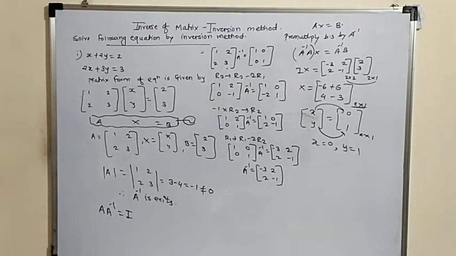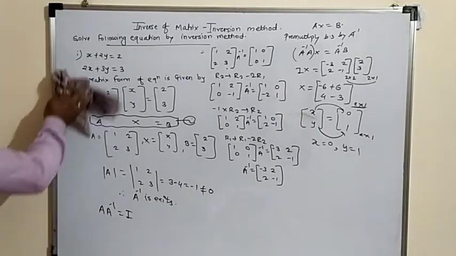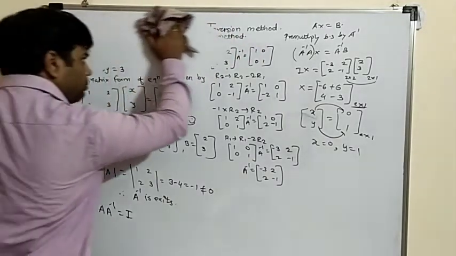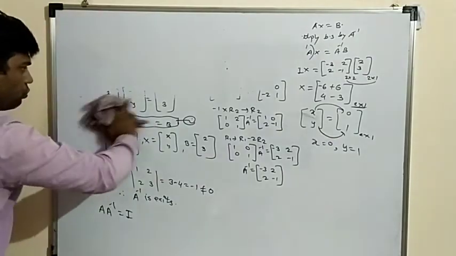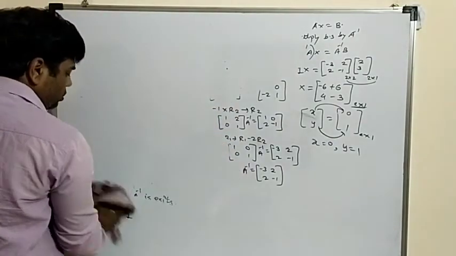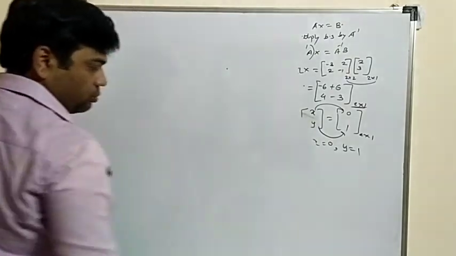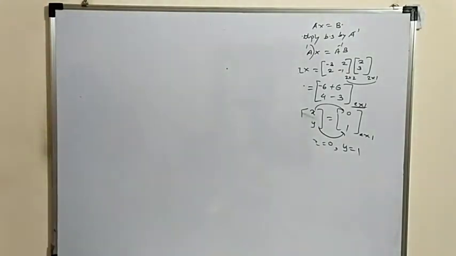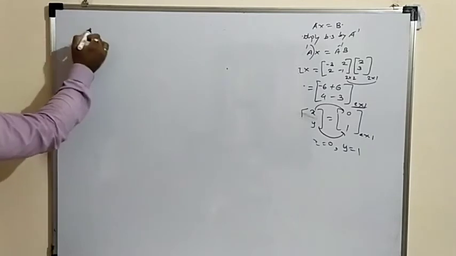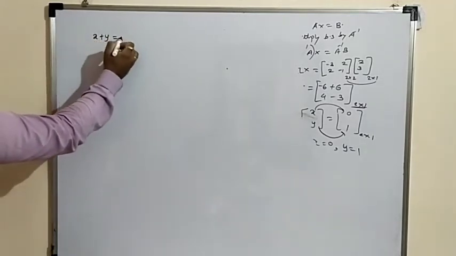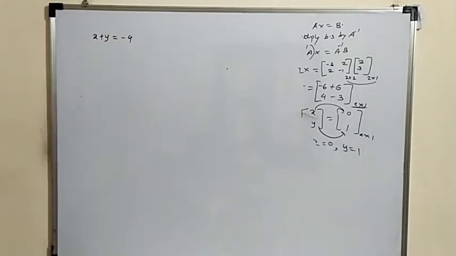There is at least one sum on inverse matrices on the board. The next sum you have to solve, it is a homework question for you. You have to send it to me in PDF format. X plus y is equal to 4.